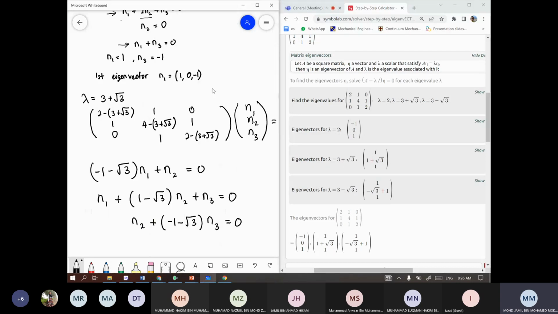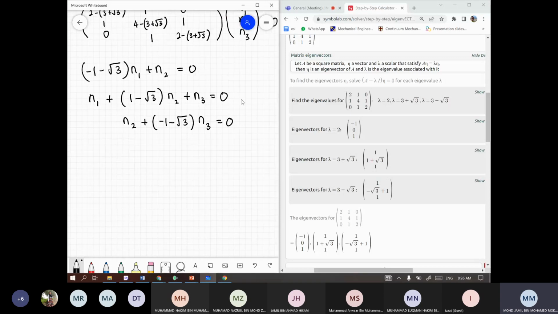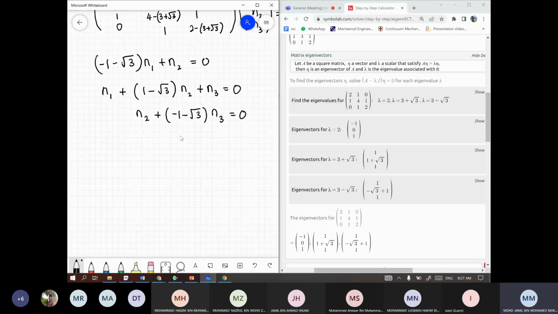So it's similar, but they choose n1 equals minus 1, n3 equals 1. Okay, this question is difficult because it has a square root here. But in the exam there is no square root. The exam is straightforward, okay.